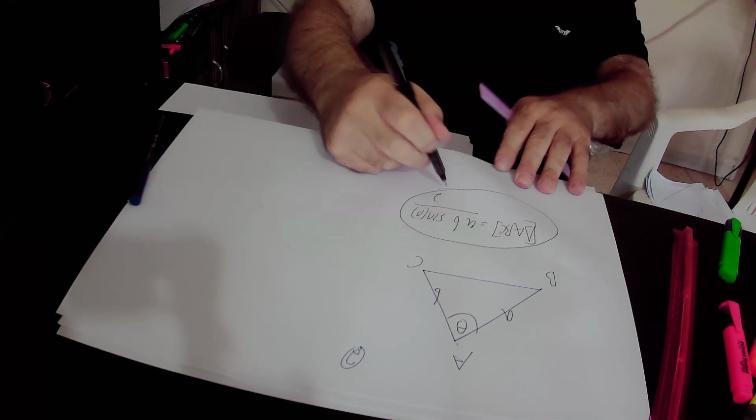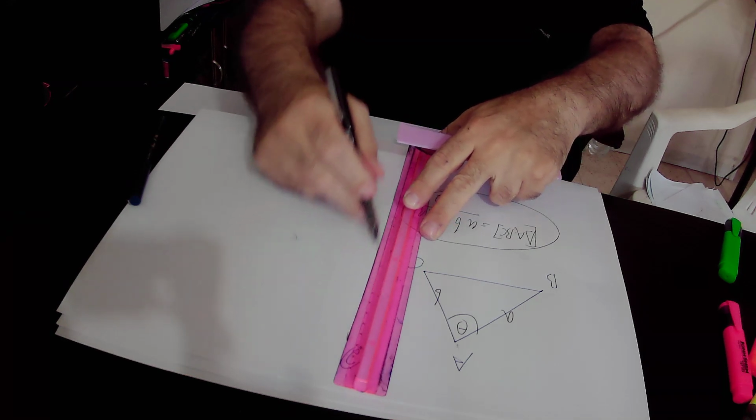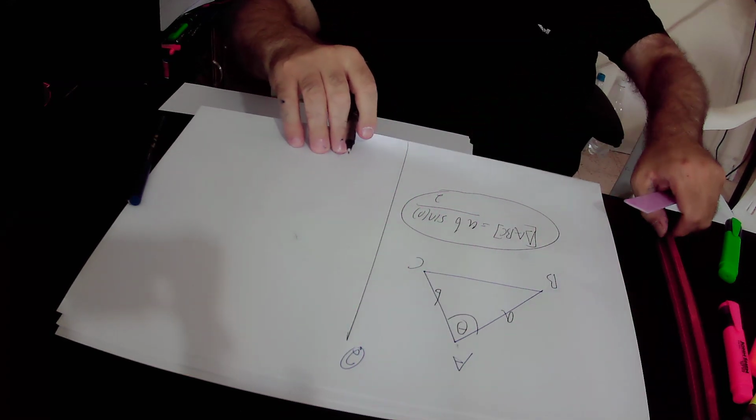Okay. We'll use this formula in order to find out the area of triangle AOC.